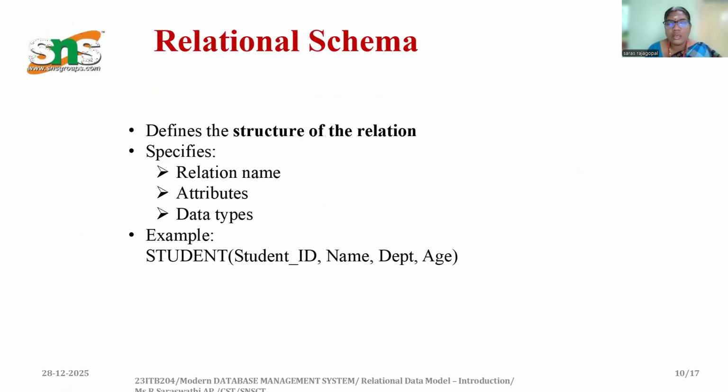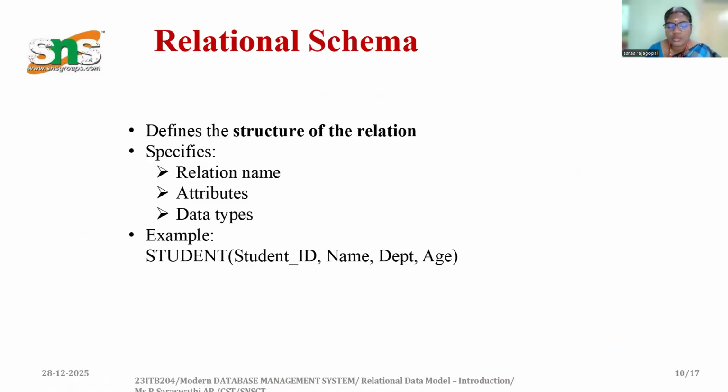Relational schema. In the relational model, the schema specifies the structure of the relation. The structure specifies the relation name, the attribute names, which are the column names, and what data type is used in the particular relation. For example, the student relation has attributes ID, name, department, age.